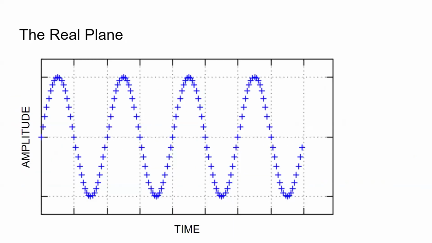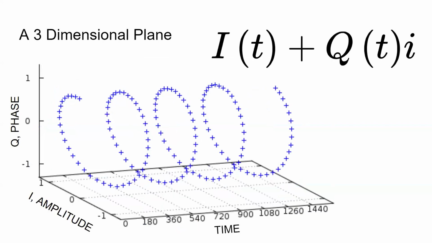This representation is this graph, but if you looked at it from the top, every signal has a second factor to it, and we can think of it in multiple ways. One way is to think of it as amplitude and then phase. Another way is a coefficient of cosine and sine. And the last way is in terms of complex numbers. The reason we do that is because it simplifies a lot of the math that we have to do later.